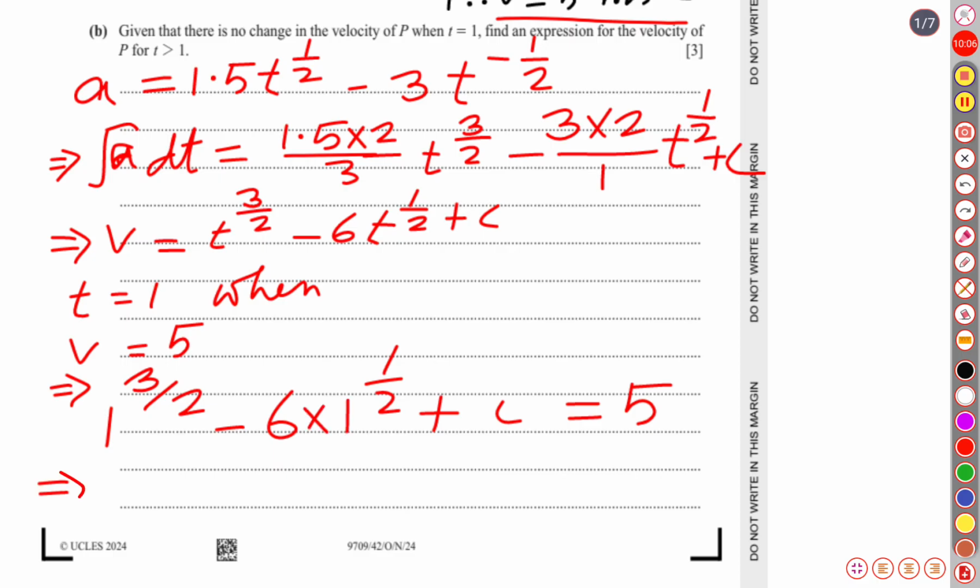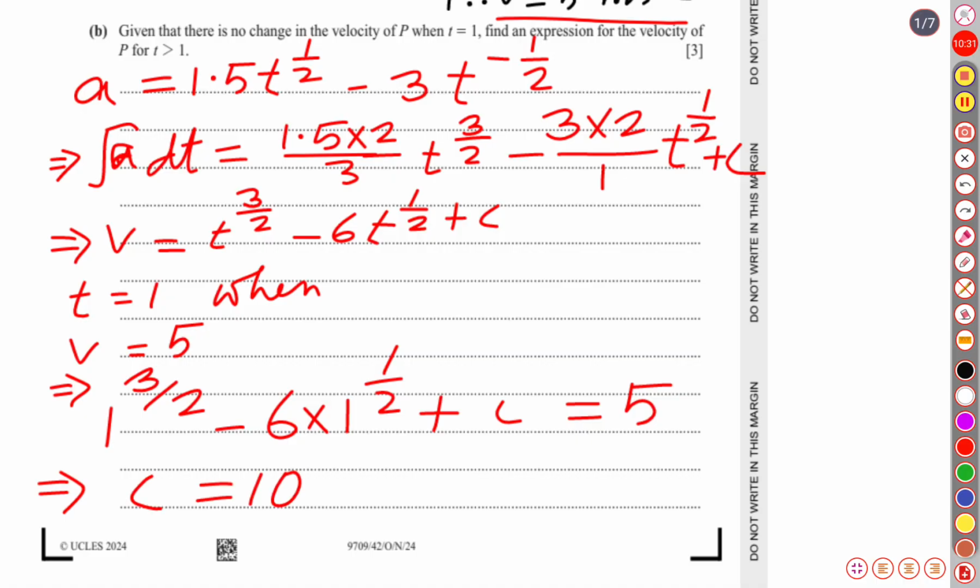On the left side, whatever the exponent on 1 is, it is actually 1. So 1 minus 6 means minus 5. So minus 5, if it is transposed to the right side, it is going to be plus 5. So hence our C is going to be 10. 5 plus 5 is equal to 10.